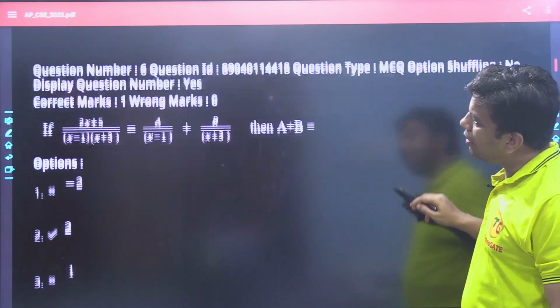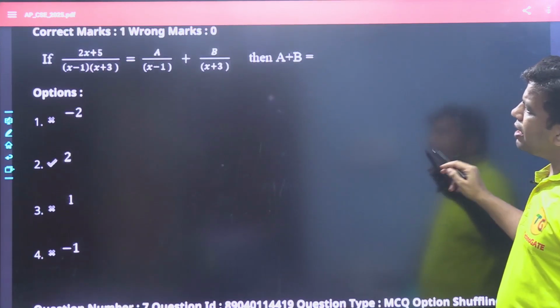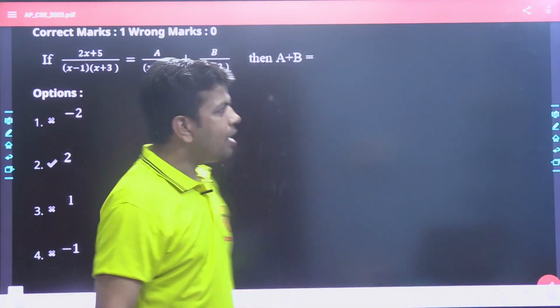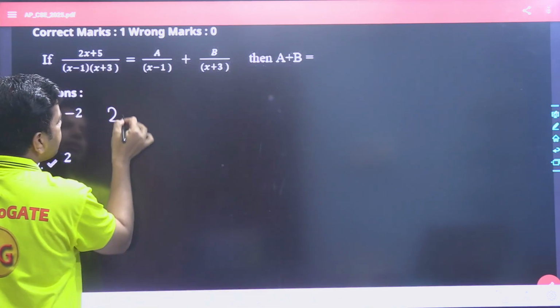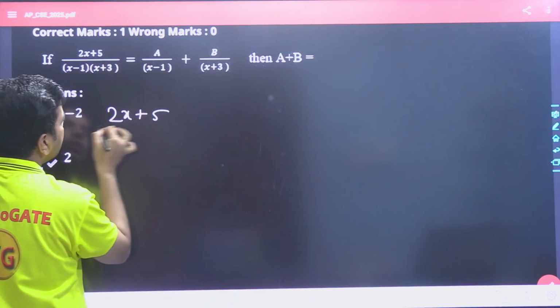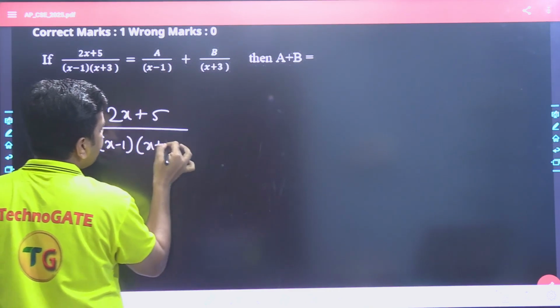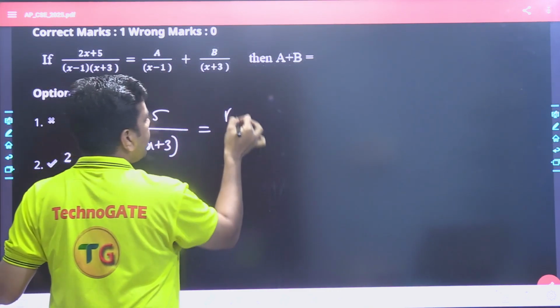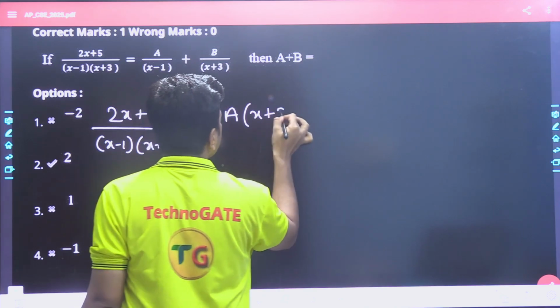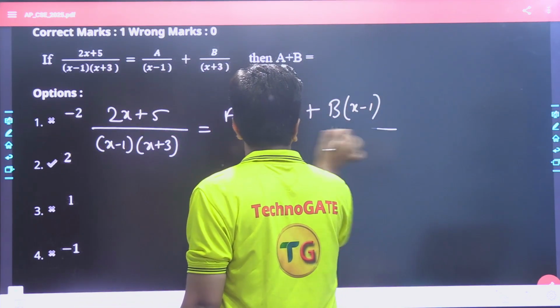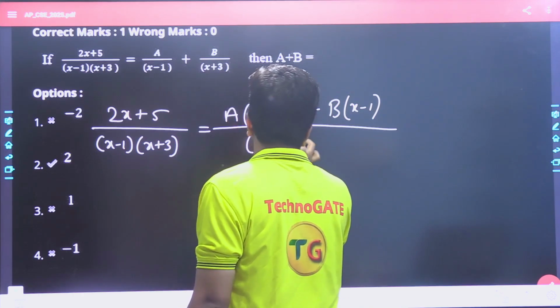Let's move to another one. We are having this equation, and we need to compute the value of A. What we can do? x plus 5 divided by x minus 1 plus 3, equals Ax plus B, x minus 1 divided by x minus 1.